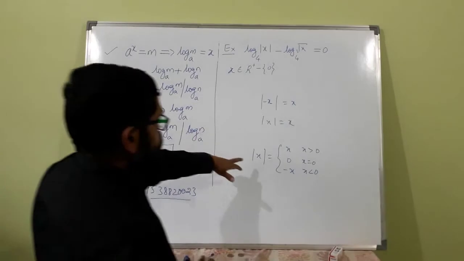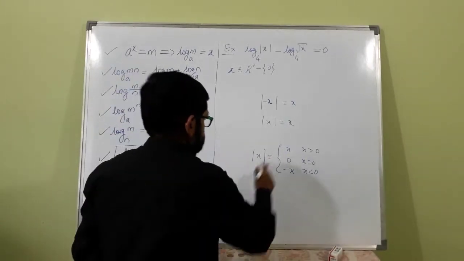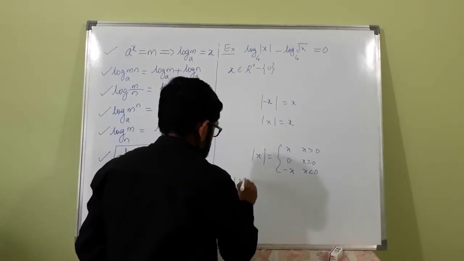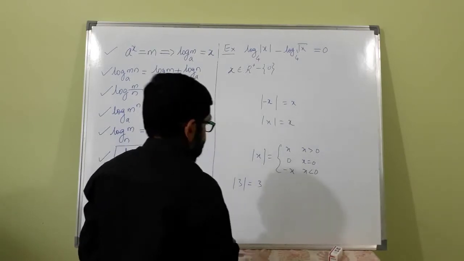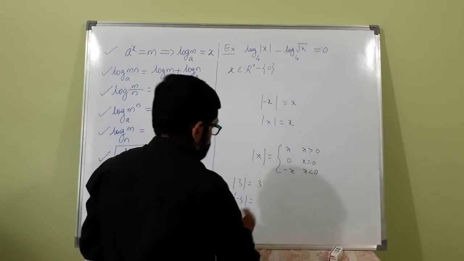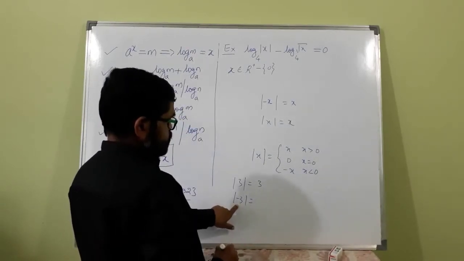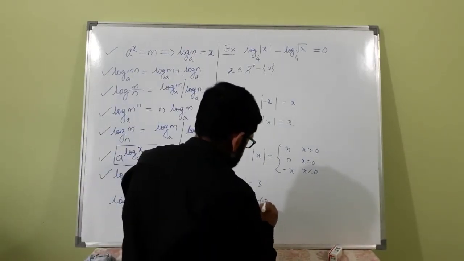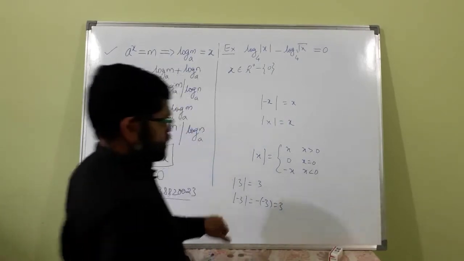Say, suppose x is 3, what happens? X is 3, this is obviously 3, and x is 0, that is 0. When x is minus 3, what happens? Since it is less than 0, minus of minus 3 means this is again 3.